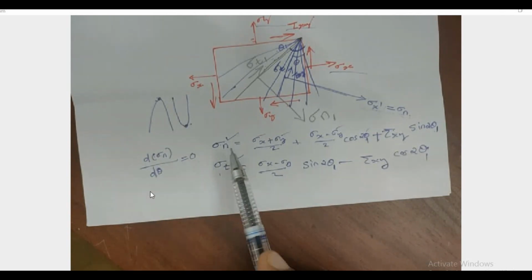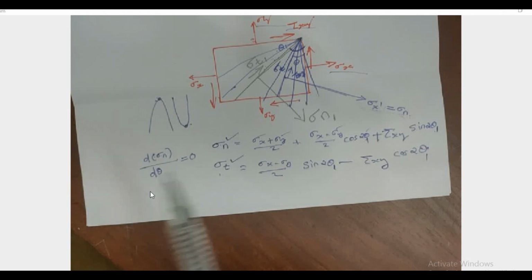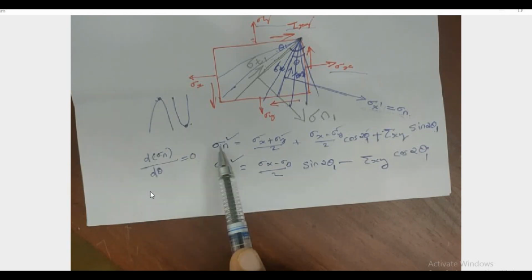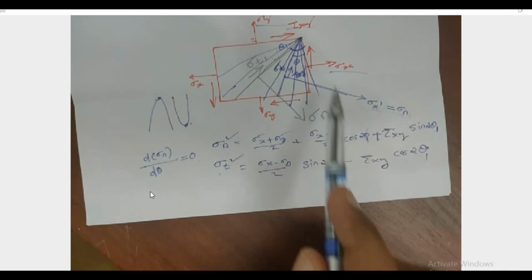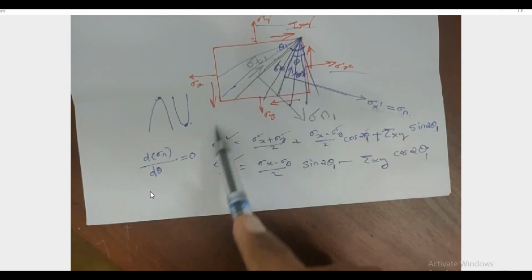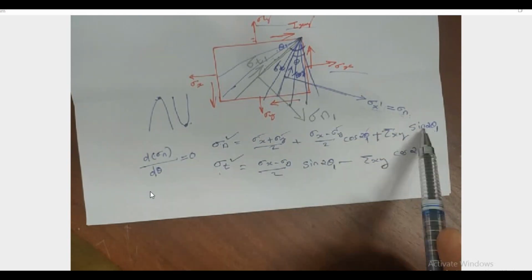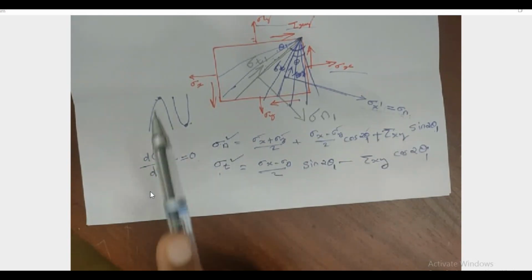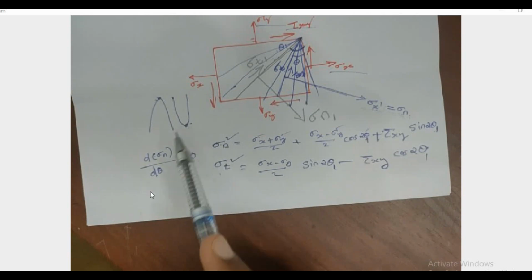So here we can say at the principal plane, d sigma n by d theta, here the variable is theta, because we are changing the value of theta for calculating the sigma n of different planes. So at the maximum point or the minimum point, d sigma n by d theta will be zero.